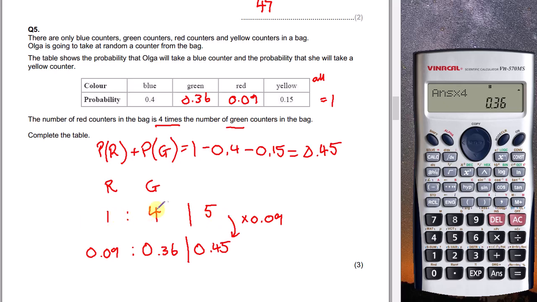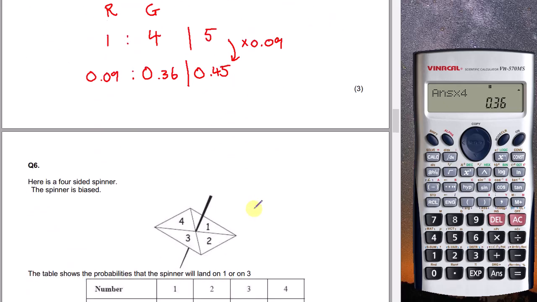If you didn't get that combination, you definitely lost 1 mark. You'll get really horrible numbers, which might be a clue as well if you try doing quarters, if you're talking about this being 1 quarter and this being 3 quarters. So remember, 4 times the number of green counters means for every 1 there must be 4 green. It means there are 5 in total for each section.